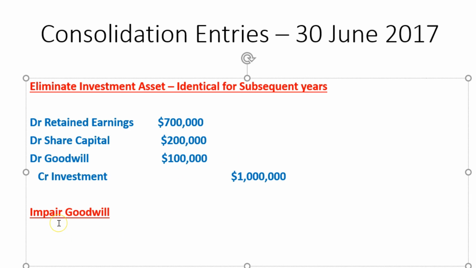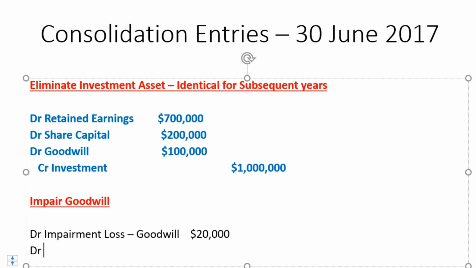However, goodwill changes. We know that we need to impair an additional $20,000 for 30 June 2017. So we'll debit the impairment loss to recognise that additional impairment of goodwill for 2017. That was $20,000.